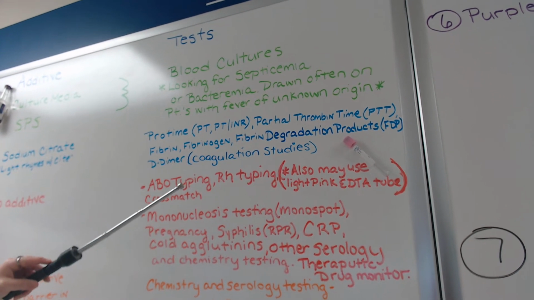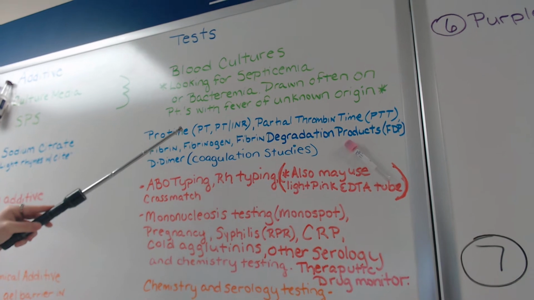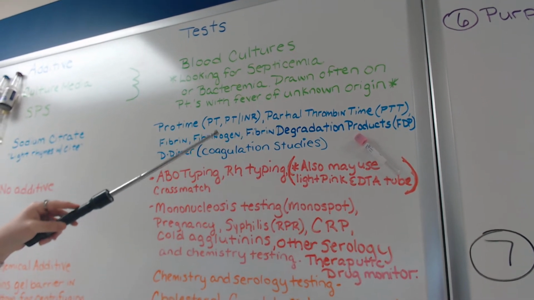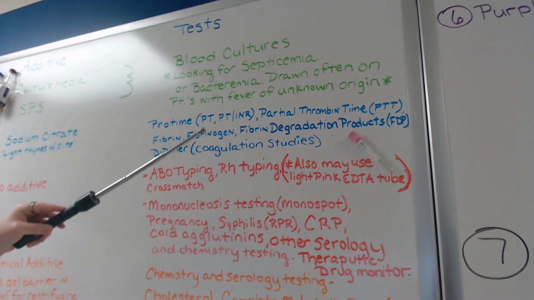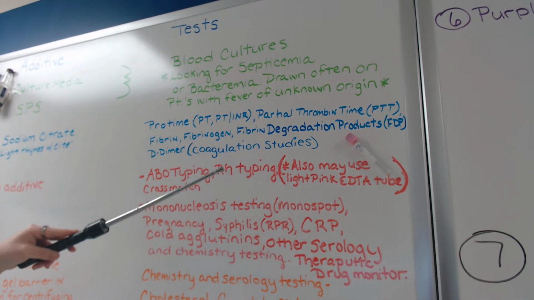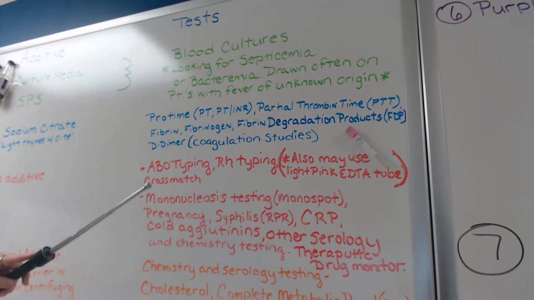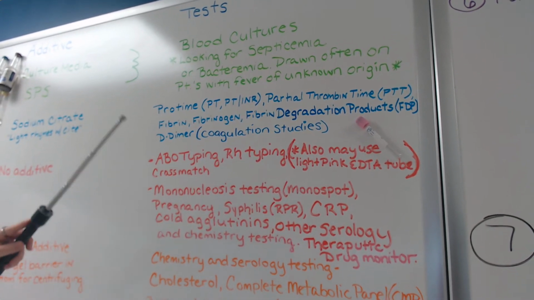Examples of that are going to be your ProTime, which is abbreviated PT or PT/INR, partial thromboplastin time, which is abbreviated PTT, fibrin, fibrinogen, fibrin degradation products, and also D-dimers go into the light blue tube. There are more.